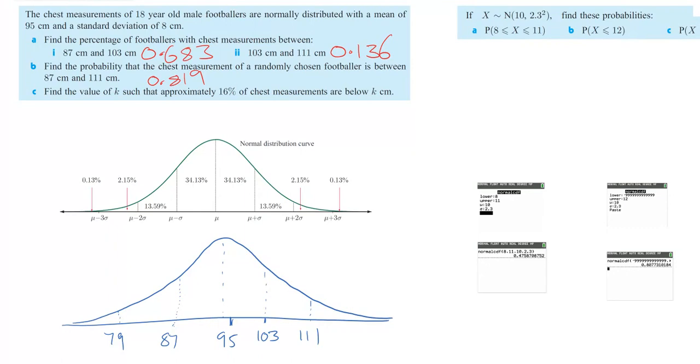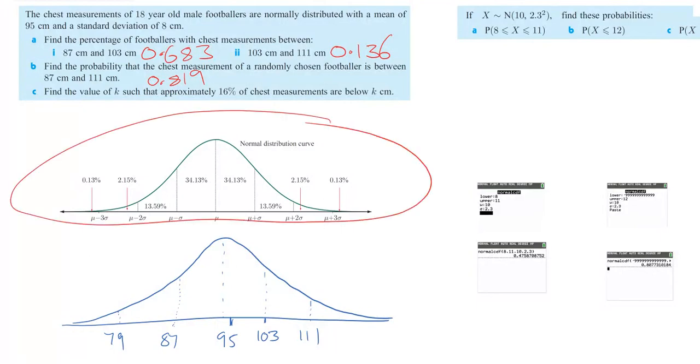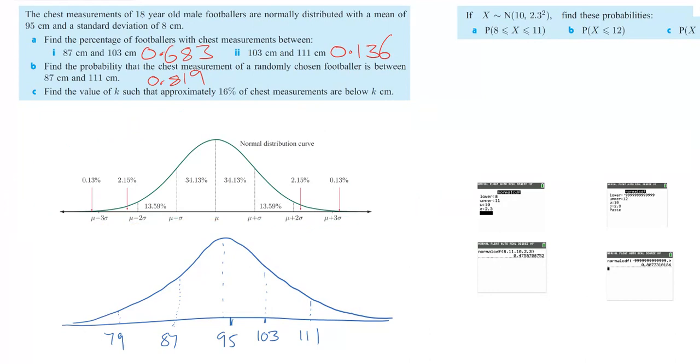C. Find the value of K such that approximately 16% of chest measurements are below K. Well, if we think about this in terms of our first diagram, we're looking for combined probabilities of 16%, and it's going to be on this left-hand side here.